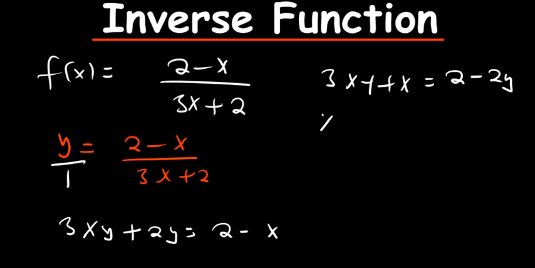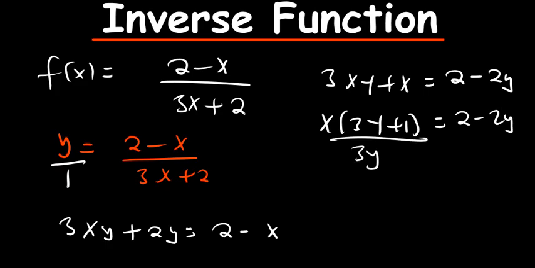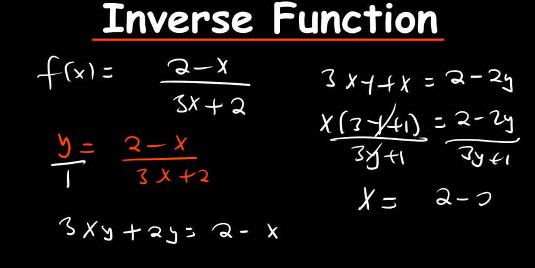Here I remain with x times 3y plus 1 being equal to that. Divide both sides by 3y plus 1, so these will cancel out. So x will be equal to 2 minus 2y, all over 3y plus 1.